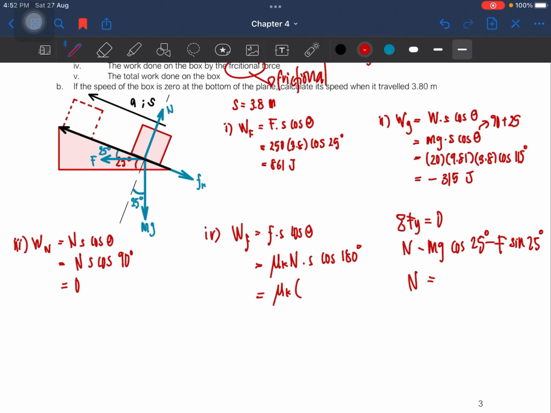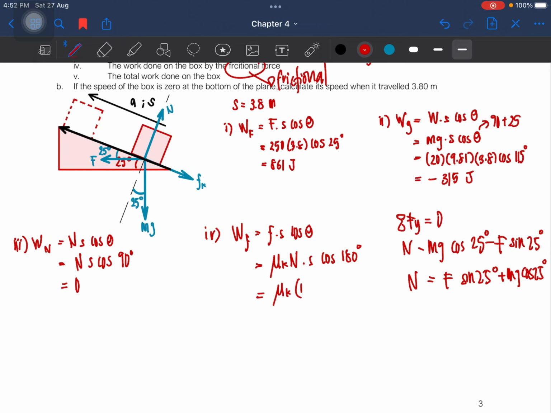So N is equal to F sine 25 degree plus mg cos 25 degree.